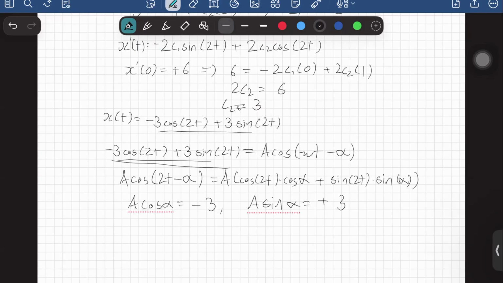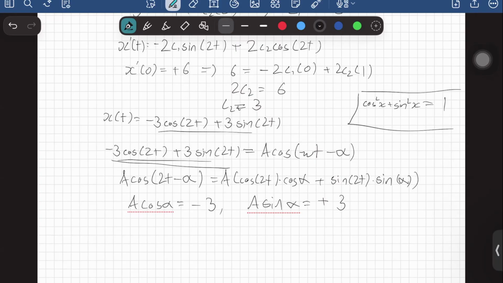So what we can do is square these values and add them, because if you guys remember, a basic trigonometric formula is cosine squared of x plus sine squared of x gives us 1, right?